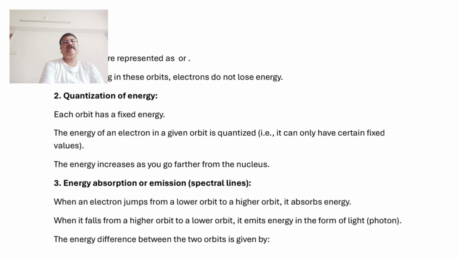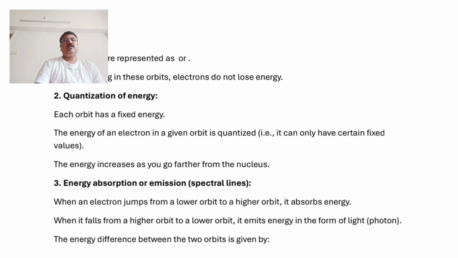So n is equal to 1 is the first energy level close to nucleus, then second energy level, third energy level. That is, different energy levels are having a specific distance from the nucleus, and energy of the orbit increases with increase in distance between each energy level orbit and the nucleus.